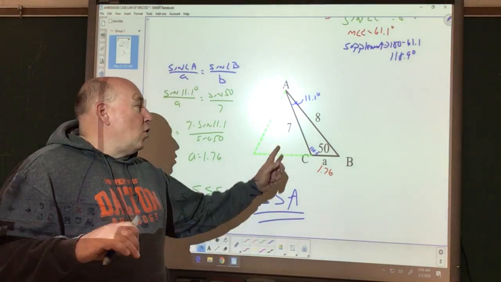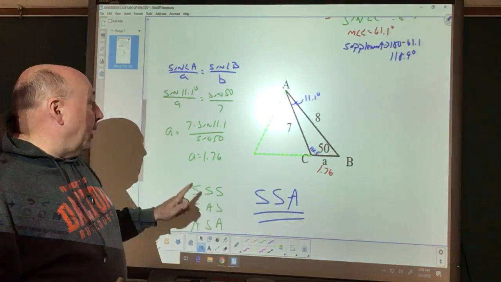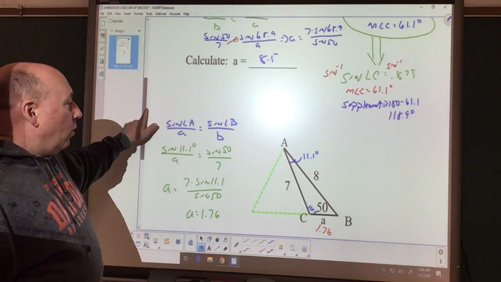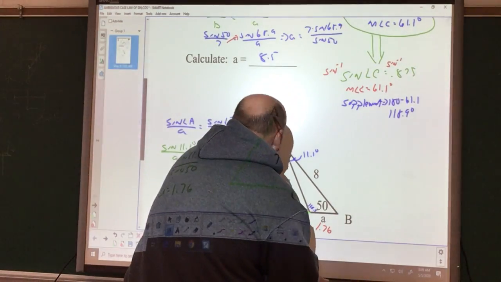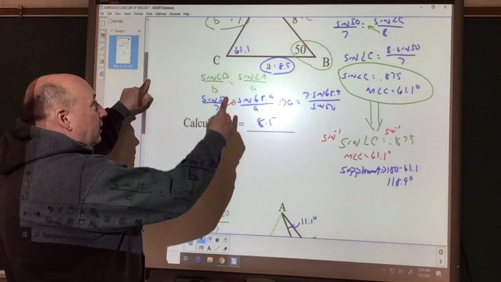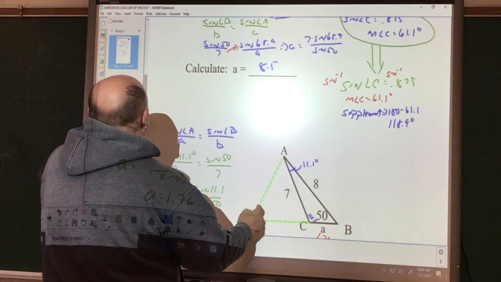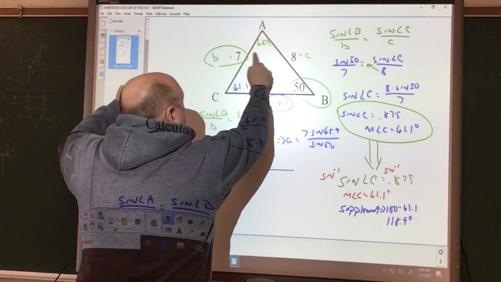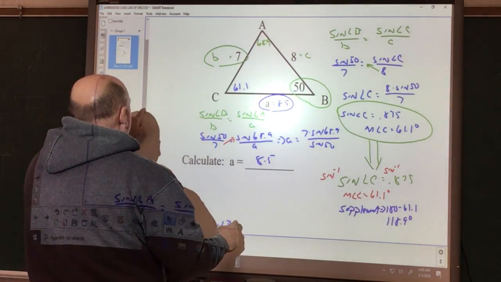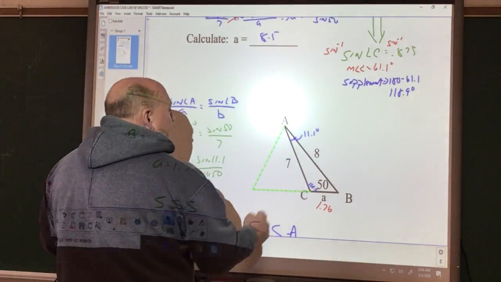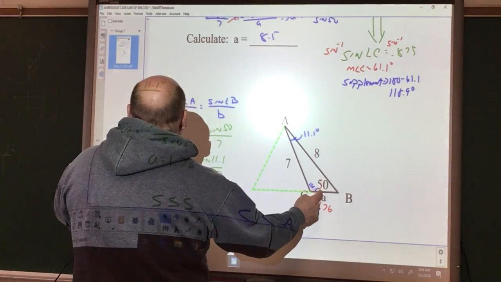Well, right here is the reason why. What we have in these two triangles that we just drew, we have two sides, the 7 and 8, congruent to these 7 and 8s, and a non-included angle.